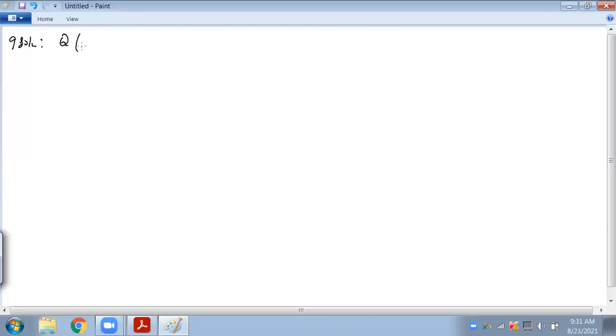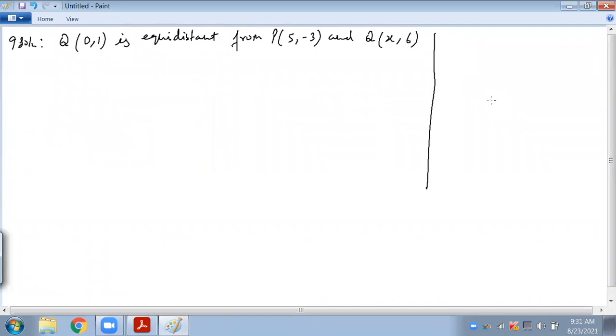Q is equidistant from P (5, -3) and R (x, 6). Sorry, not P, Q, that is R.